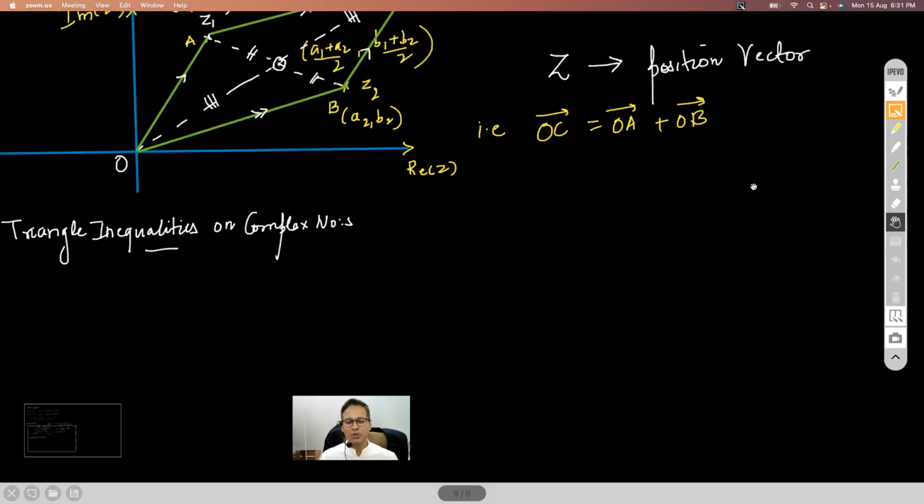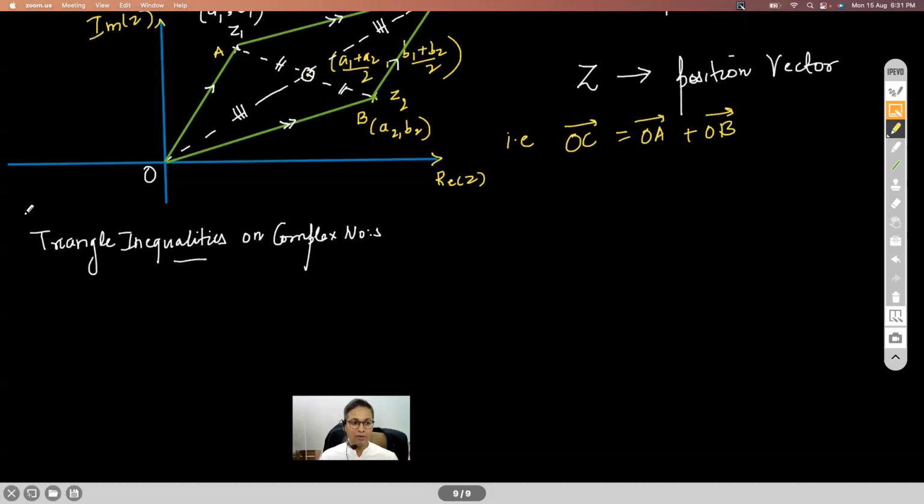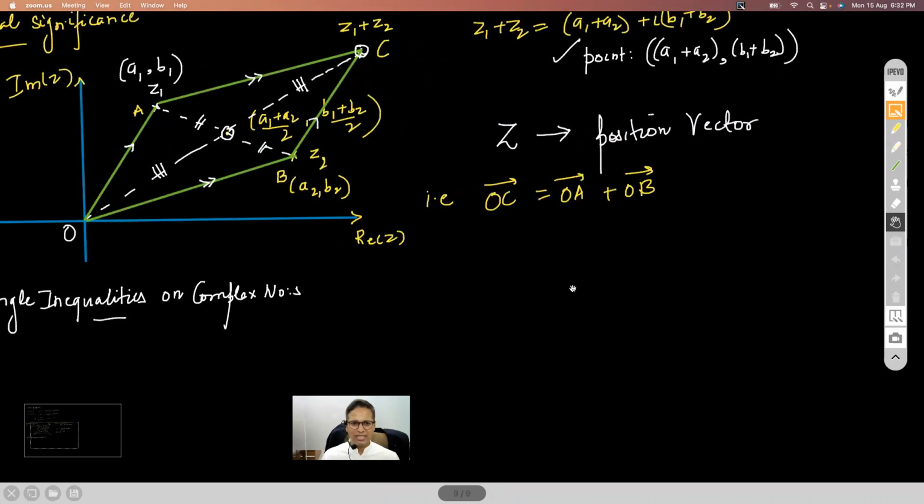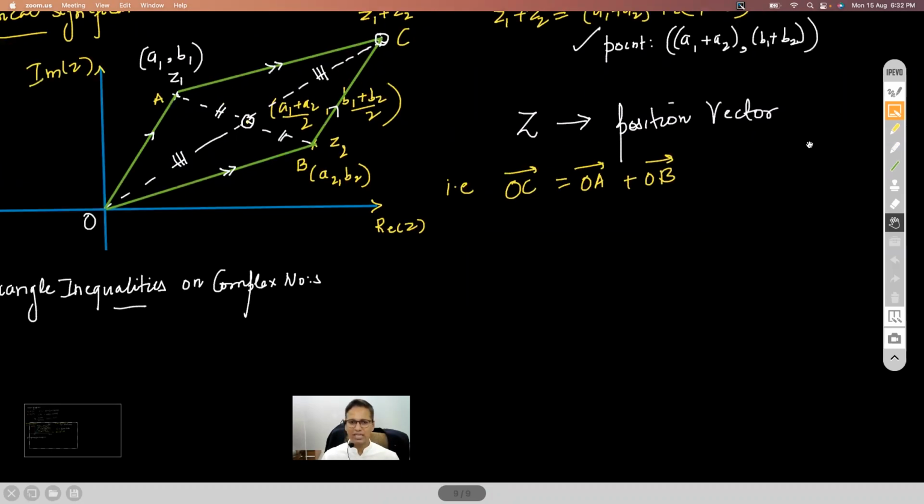Okay. So what are some important triangle inequalities? I would write important here because it's really very important. Important triangle inequalities on complex numbers. Now look at the very same diagram that you see over here.